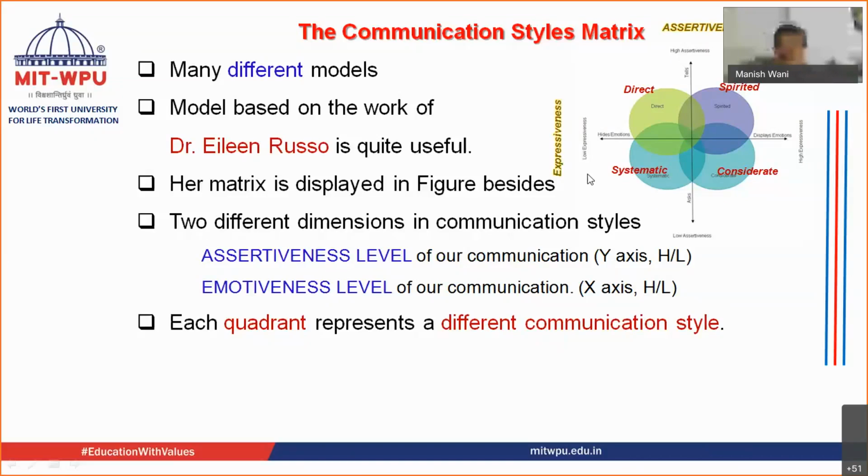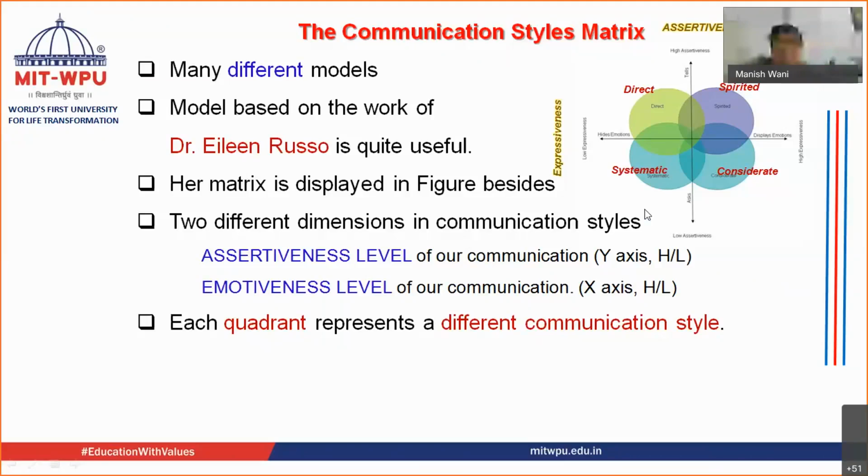So they have direct communication style, spirited communication style, systematic communication style, and considerate communication style. Okay, am I clear? If you don't understand this matrix, then you won't be able to understand my further lectures which I am going to talk about.